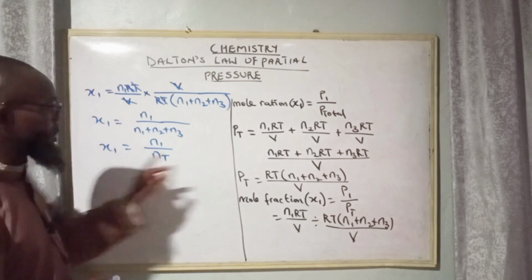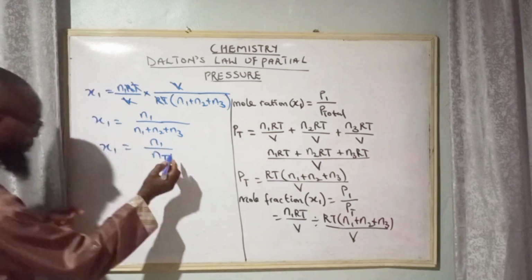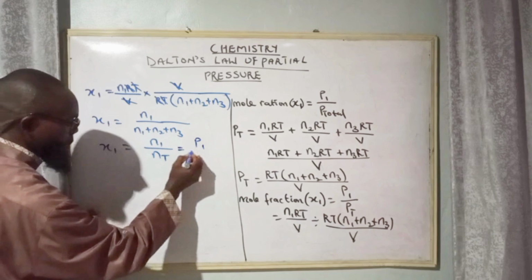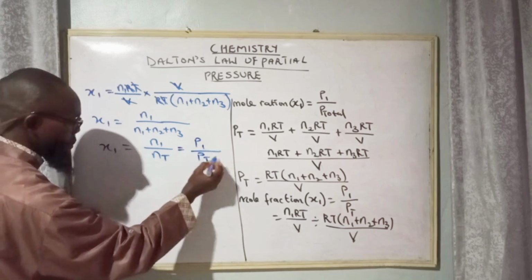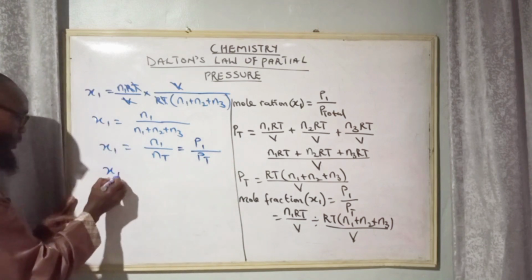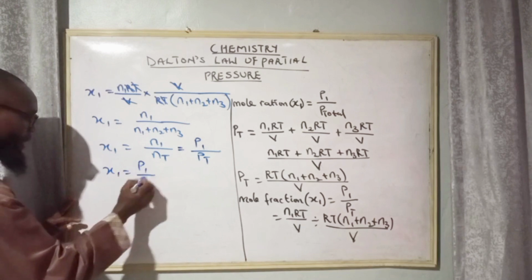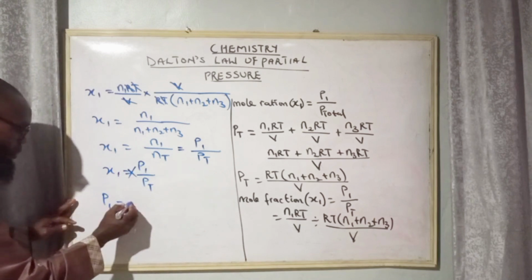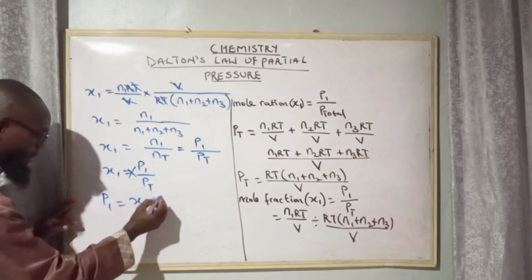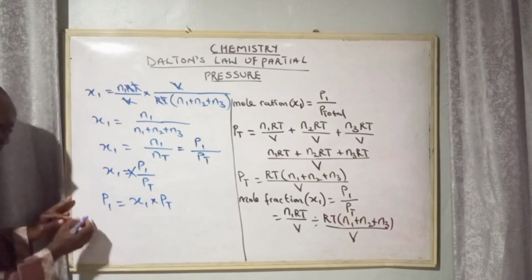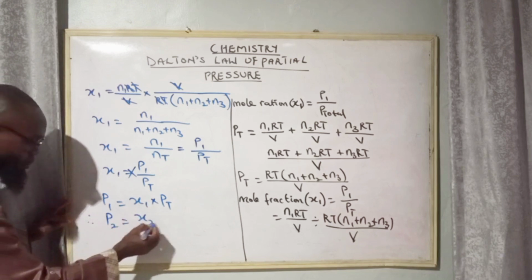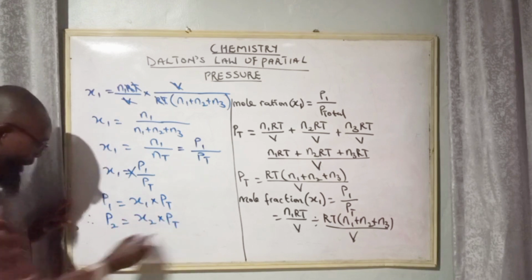And mole fraction also equals P1 over P total. So from here, X1 is equal to P1 over P total, cross multiply. Our P1 will equal X1 multiplied by P total. Likewise, our P2 also equals X2 multiplied by P total.